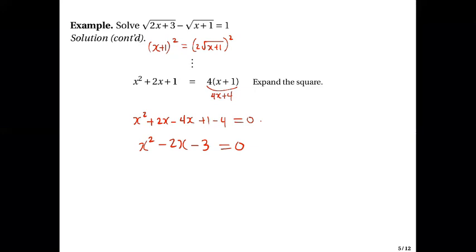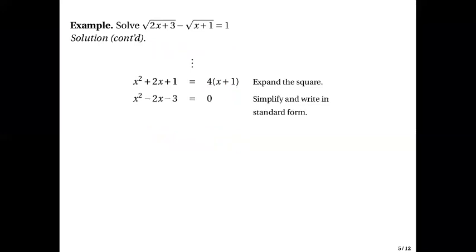So we have this: x squared minus 2x minus 3 equals 0.